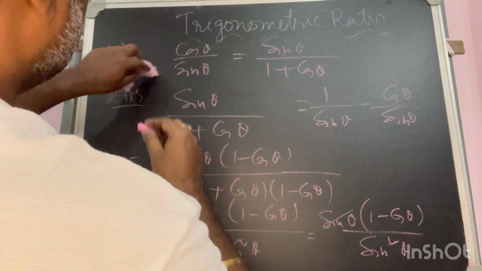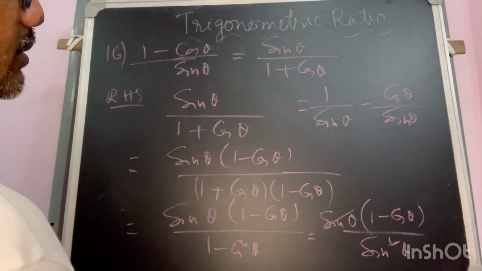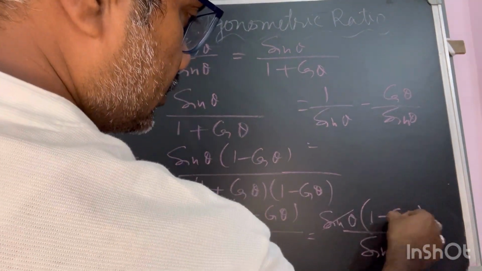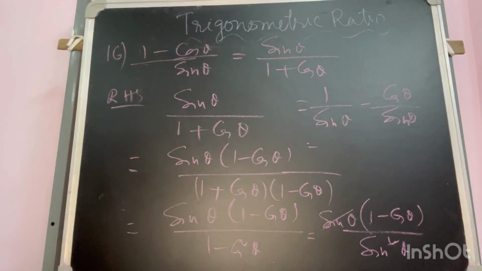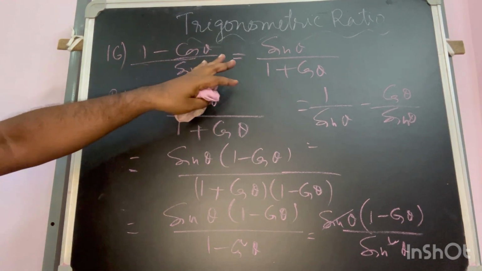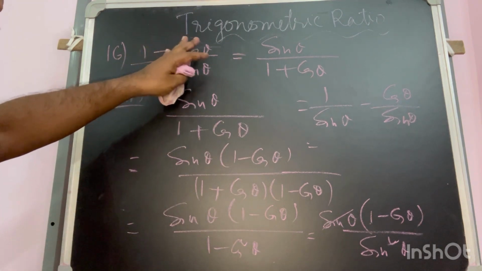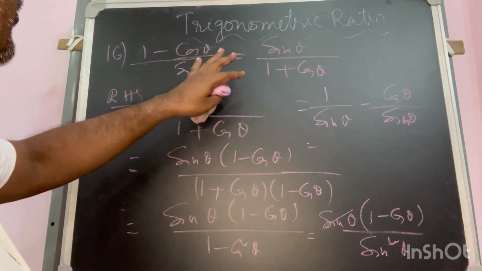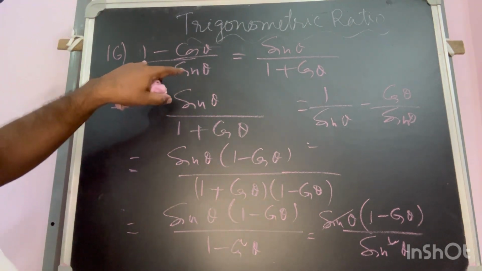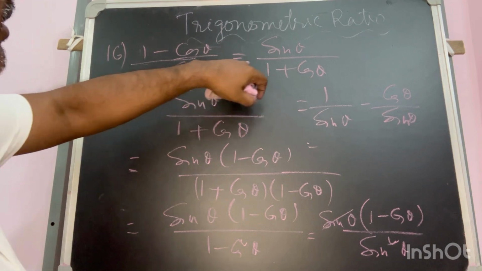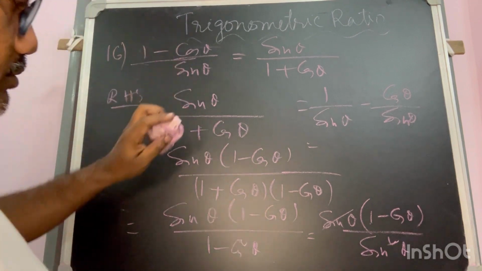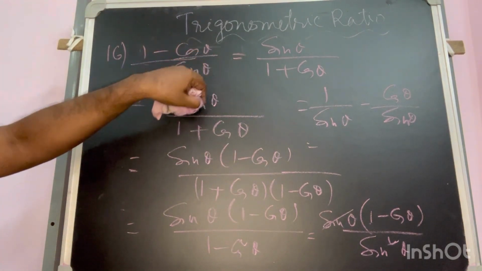It has to be 1 minus cos theta by sin theta, then only this will come, because I already have got 1 minus cos theta by sin theta. So actually it is wrongly given, so it has to be 1 minus cos theta by sin theta. That's why I felt a problem while moving to the left hand side. So the sum given is wrong. Okay, so the actual will be 1 minus cos theta by sin theta. I think I have already solved this kind of problem. So anyhow, the right one will be 1 minus cos theta by sin theta.